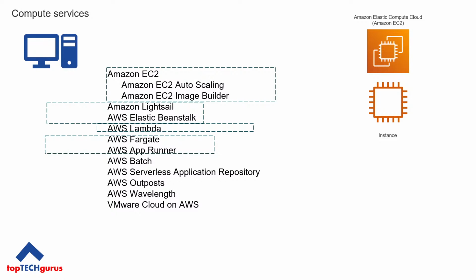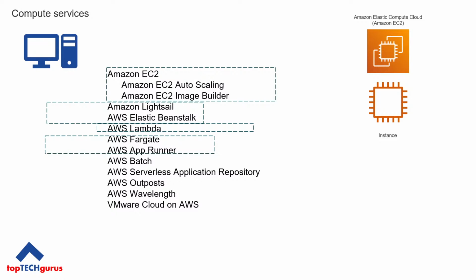When you set up an EC2 instance, you'll have to build something called an autoscaler so that when there's more traffic, you can add more EC2 instances. And you need to build a network. So you need to do a lot of things when you set up an EC2 instance. It's not just setting up an EC2 instance.